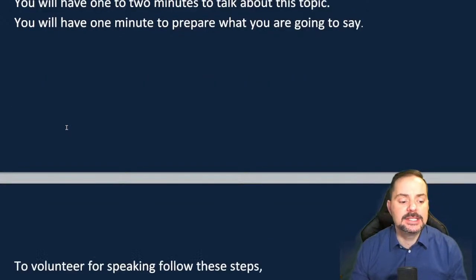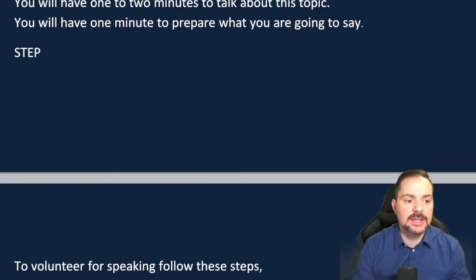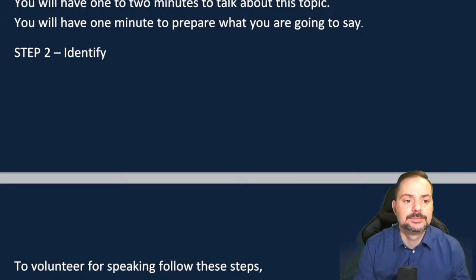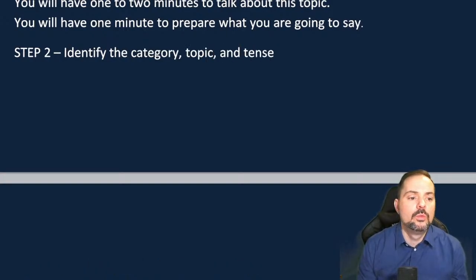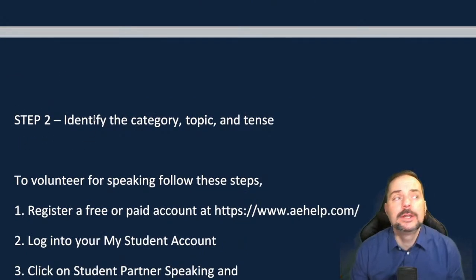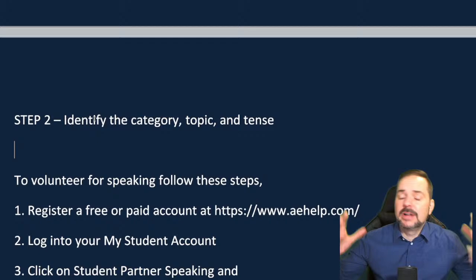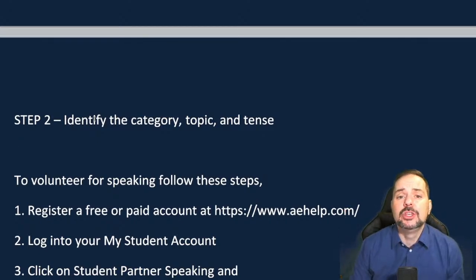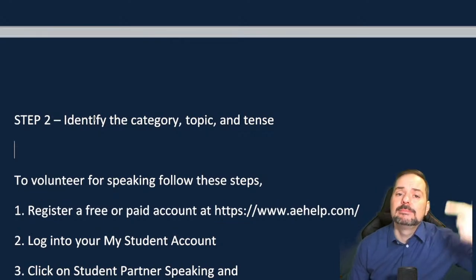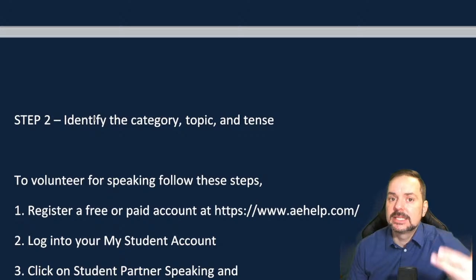Good. So the next step is to identify the category, topic, and tense. So what is the category? When I say category on IELTS in Part 2 cue card, you basically have 5 kinds of main categories that you might need to talk about: people, objects, places, ideas, and events.